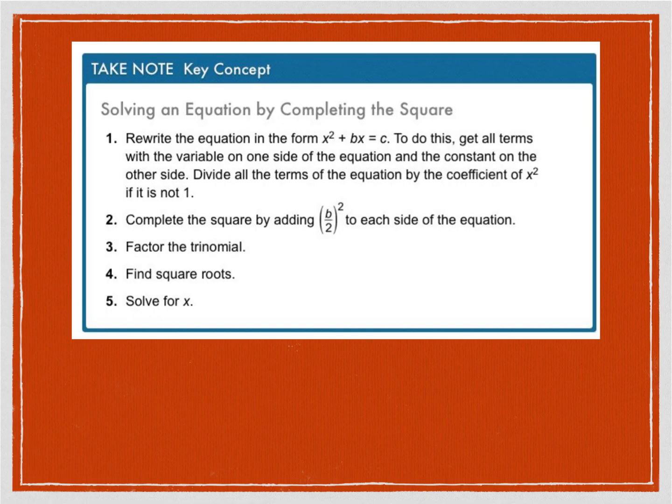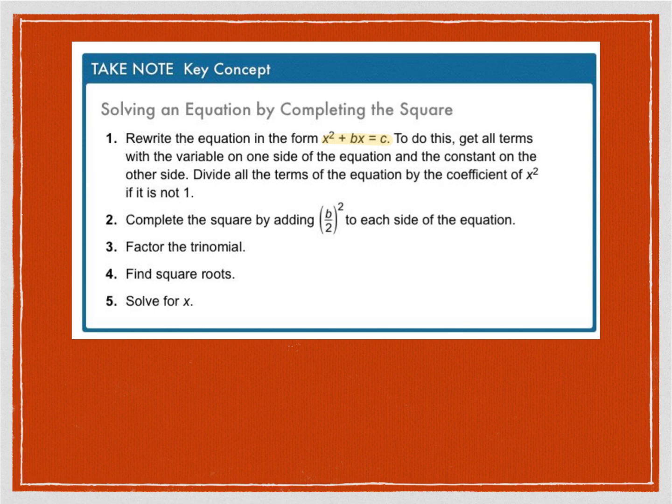Now, these are the key concepts of completing the square. The first one is you're going to need to rewrite the equation into this form, which is what I mentioned in the very first slide. To do this, you get all the terms with the variables on one side of the equation and the constants on the other side. You divide all the terms of the equation by the coefficient of x squared if it is not 1.